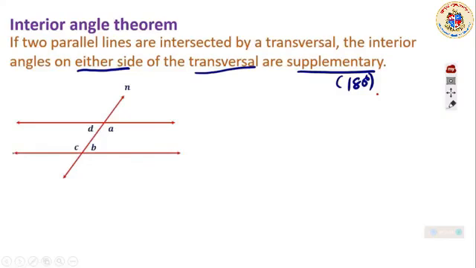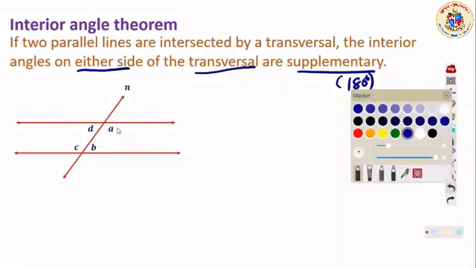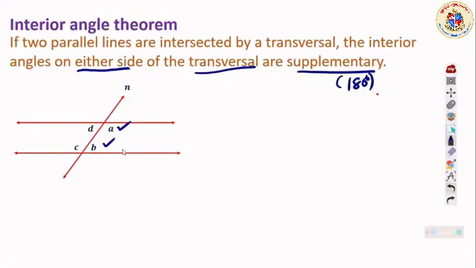These are the interior angles. Interior angles on either side. Then if you add A plus B, or if you add C plus D, it will be supplementary. That is what the interior angle theorem is.